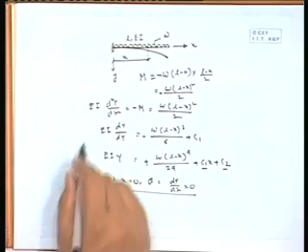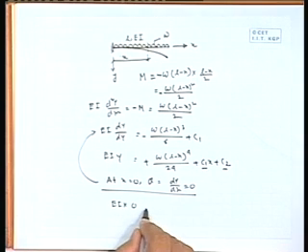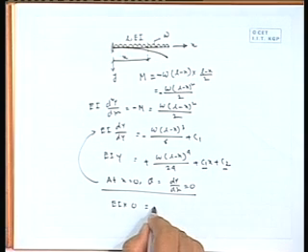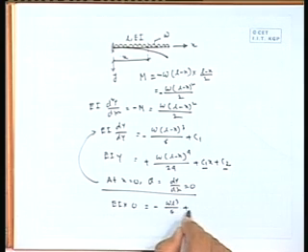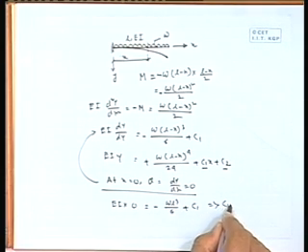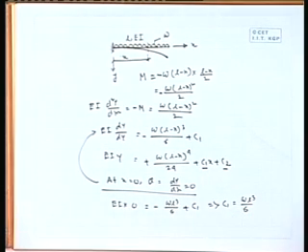If we put that, it will be EI into 0 equal to minus omega L cube divided by 6 plus C1, or we can say C1 equals omega L cube divided by 6. So, your C1 part is available, next part is the C2.